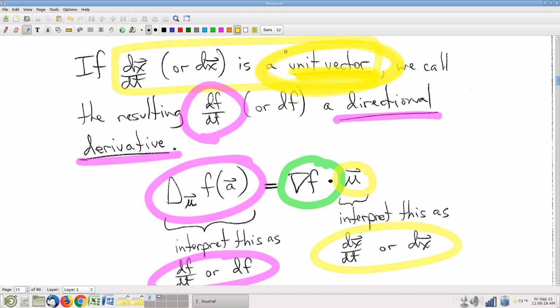Now, let me talk about why they use the term directional derivative to address this question of when the input velocity is a unit vector. If you think about it, let's go way back. Very first math day in this class, what is a vector? A vector is a direction and a magnitude, right? If direction is what you're interested in, isolating just the direction, you try to find some way of ignoring the magnitude, get rid of the magnitude.